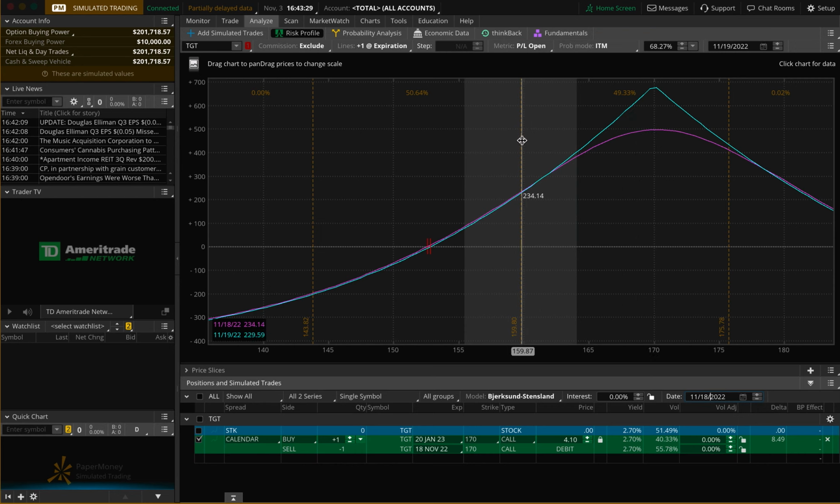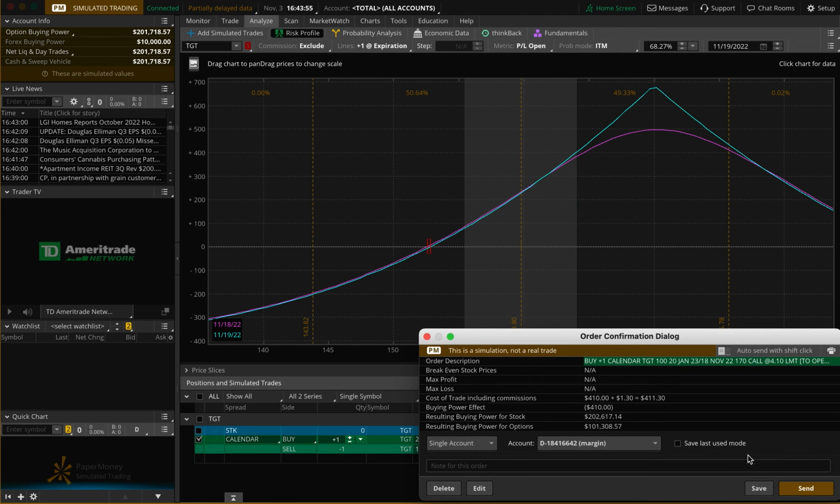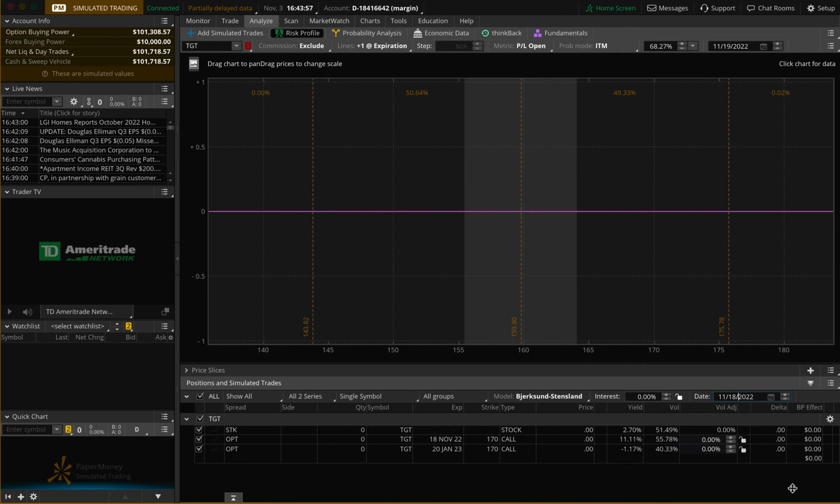The other 50% is back here, and throughout most of that, there is still about half, if it's linear, that we will still be at least low profit or break even. So we're going to go ahead and send this trade. Of course, this is simulated, so that's fine. We're going to send it.